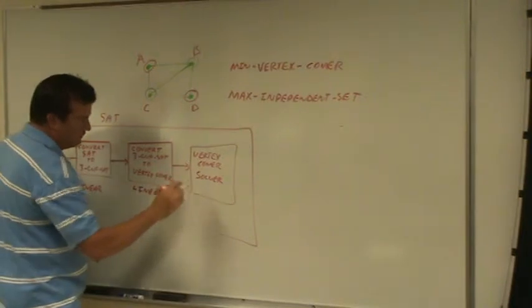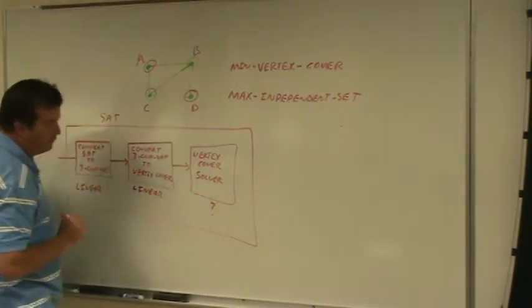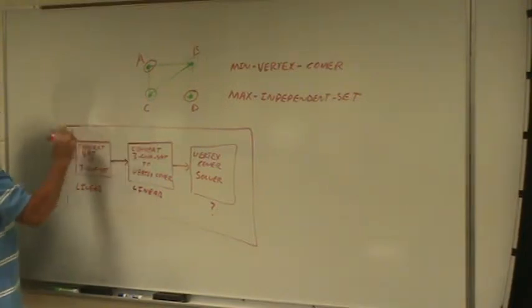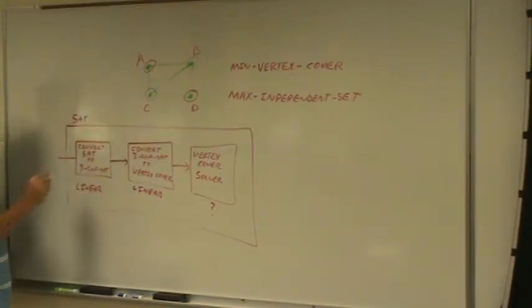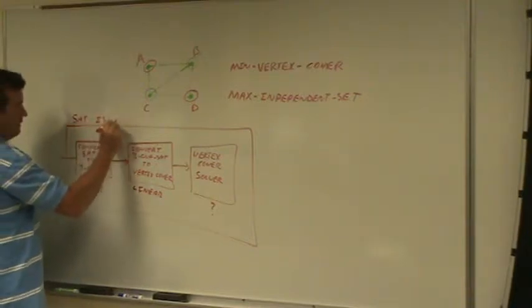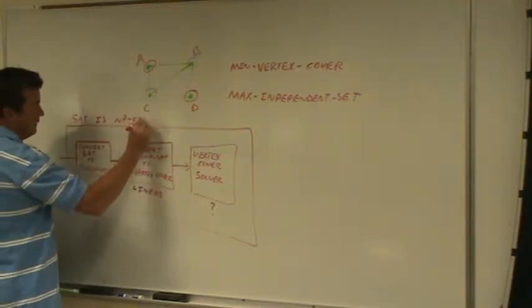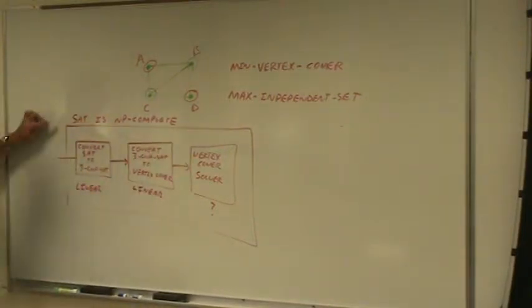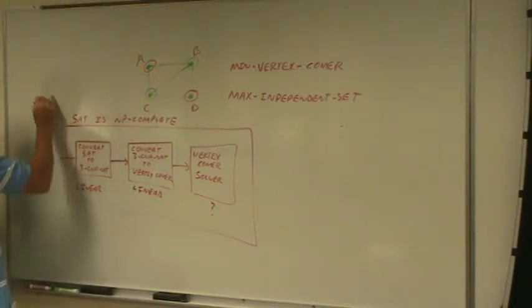We haven't looked for a solution to this, so we don't know how much time that one takes, but one thing we do know is the overall algorithm for SAT, circuit satisfiability, is NP complete. This is actually what we call Cook's theorem.